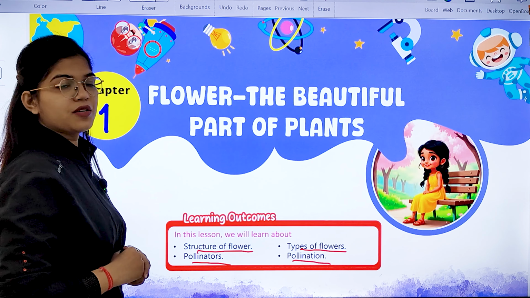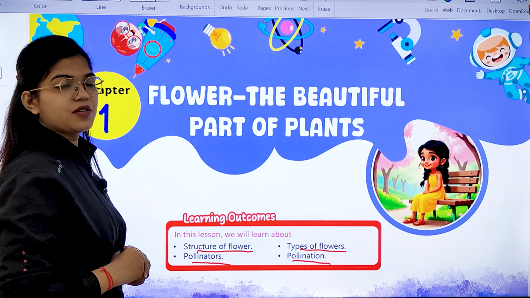Then again, it is the pollen producing part of the flower. Means what? This anther and filament all together produce pollen grains inside the flower. And these pollen grains are the only ones which get fertilized with the ovules present inside the female part of a flower. Okay. See, we will discuss this further.